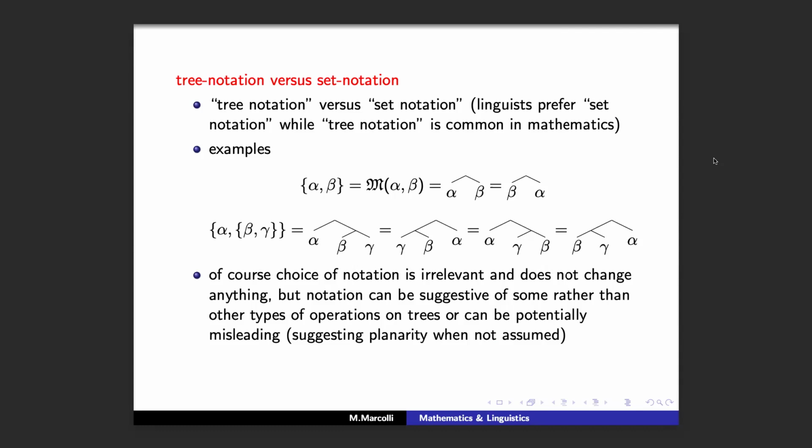The main reason is that if you literally write a tree, you are necessarily writing it in the plane, on the page, so it's easy to get confused about whether you mean a planar or a non-planar tree. With set notation, one usually puts round brackets if you mean an ordered string and curly brackets if you mean an unordered one, so it's completely clear you're talking about an abstract rather than a planar tree.